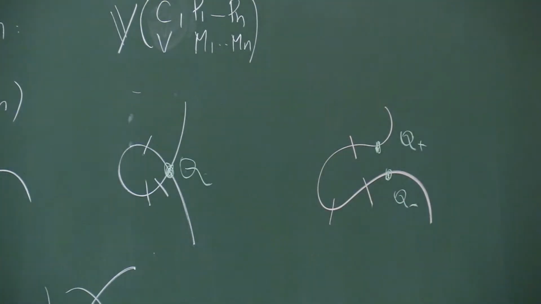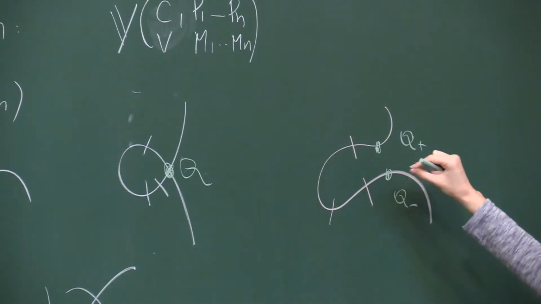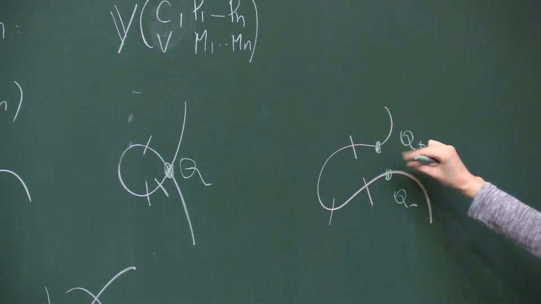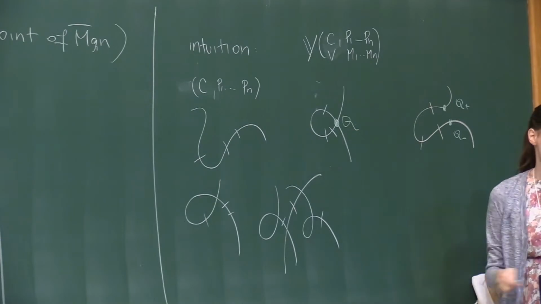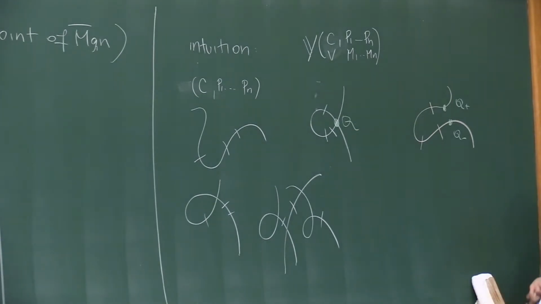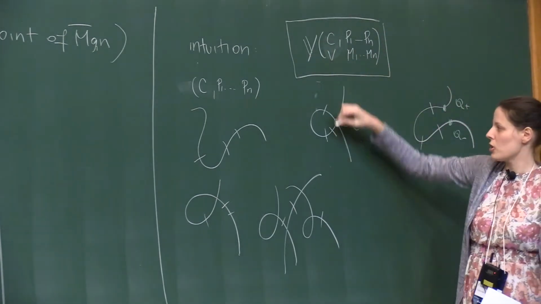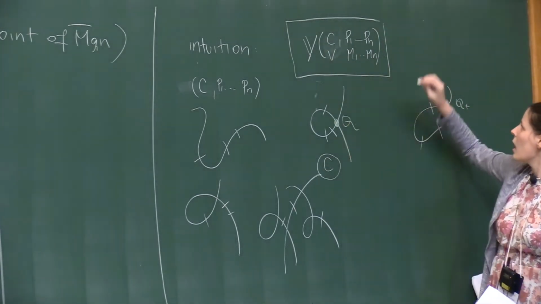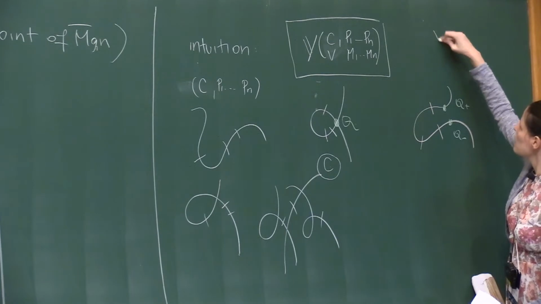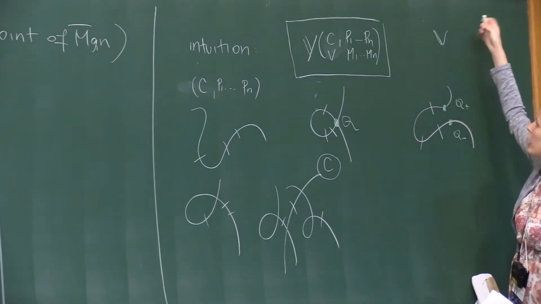What does this just mean? Maybe thinking backwards, if I start with this curve and I glue together Q1 and Q plus and Q minus, I get back this curve. And factorization tells me it's a formula to describe essentially this space, which is attached here over this curve, in terms of similar spaces. Let me call them V without the decoration.